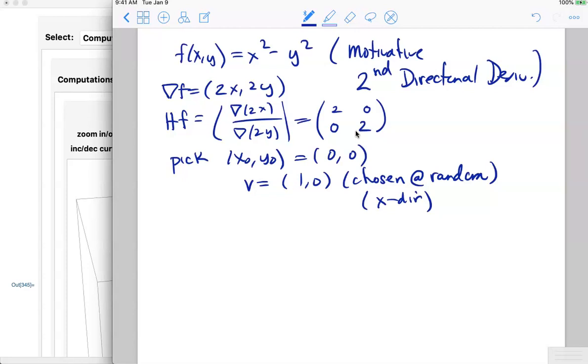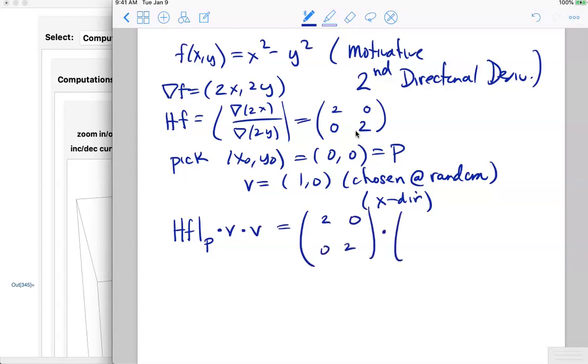So what we're trying to do here is create a curve on the surface in that direction, v. And we'll just compute the second directional derivative, which will be the Hessian at the point P, multiplied by the vector v, multiplied by the vector v. So 2, 0, 0, 2, multiplied by the vector v, multiplied by the vector v.